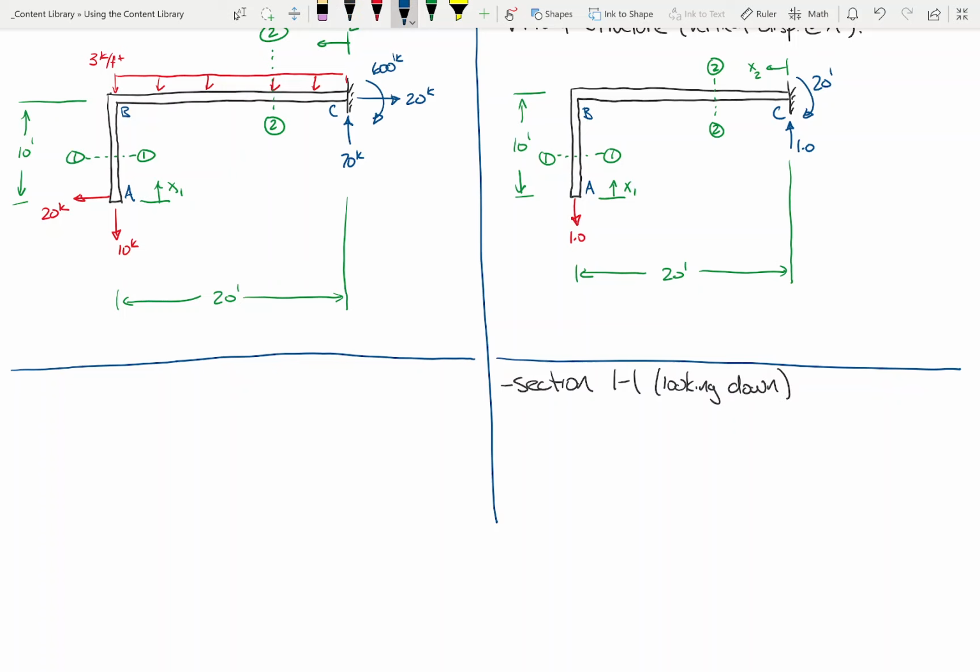All right, bear with me. I'm going to throw that down a bit. Okay. So if I cut a section looking downward, okay, what do I got? Here's the section, right?